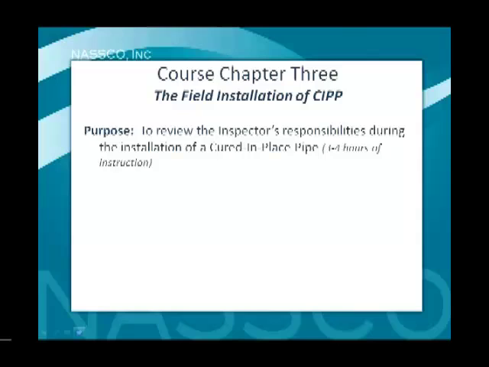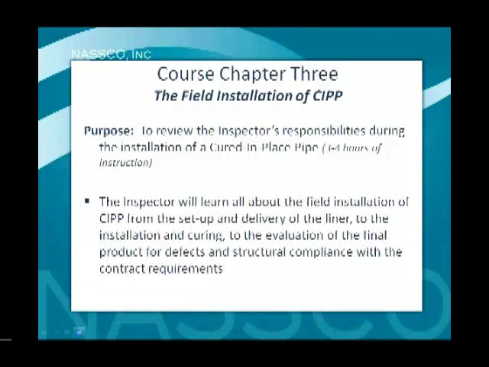This is the meat of the training, and in this part of the course, the inspector is going to learn all about the field installation of CIPP, from the setup and delivery of the liner to the installation and curing, and to the evaluation of the final product for any defects that might be present, and structural compliance with the contract documents.